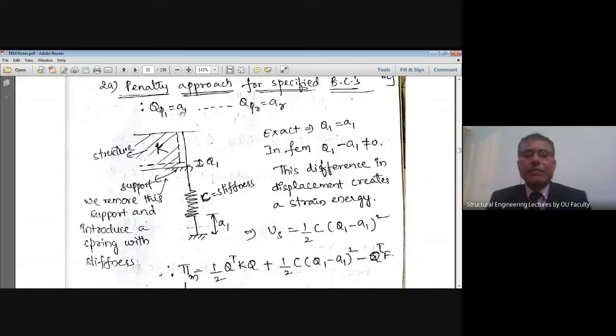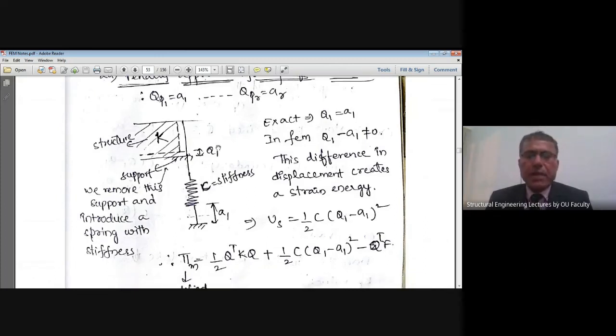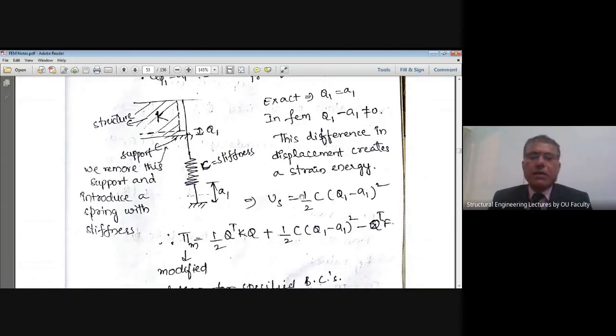Actually QP1 must be equal to A1, but I'm not getting Q1 equal to A1 because, after all, the finite element method gives an approximate solution. Therefore, there is always some error between these two. Q1 minus A1 is always some error, or the relative displacement between these two displacements.